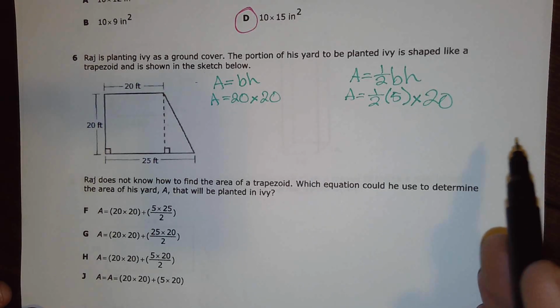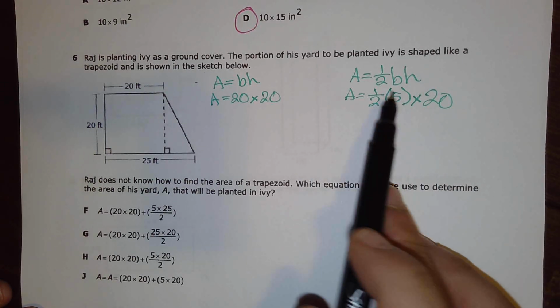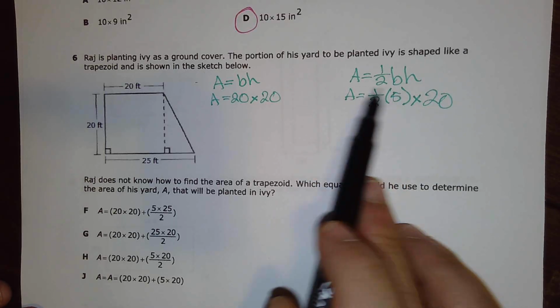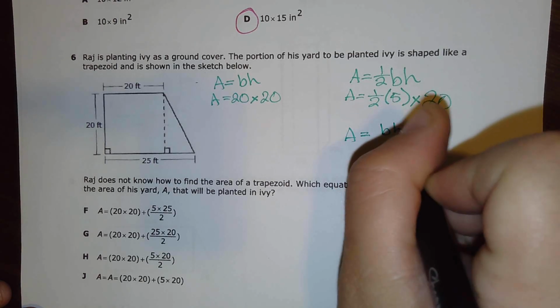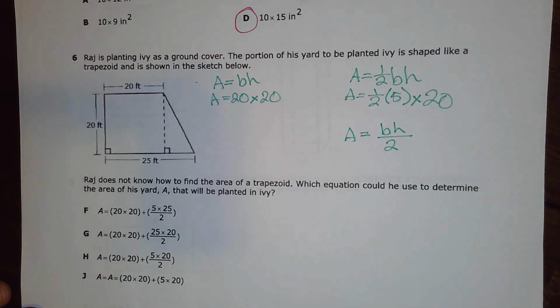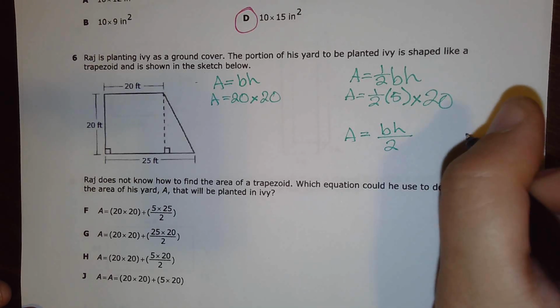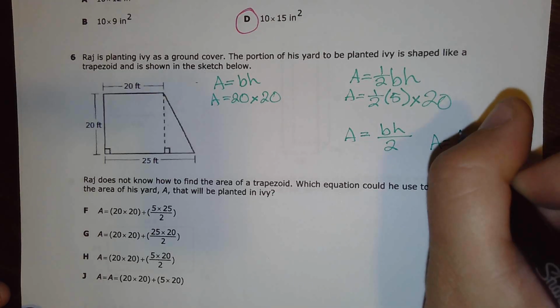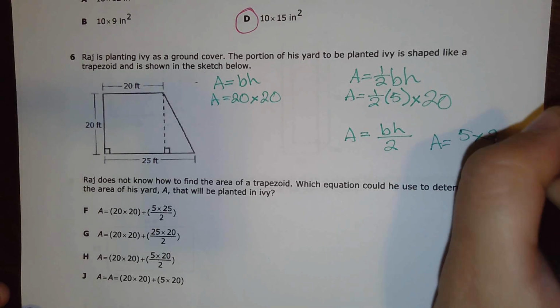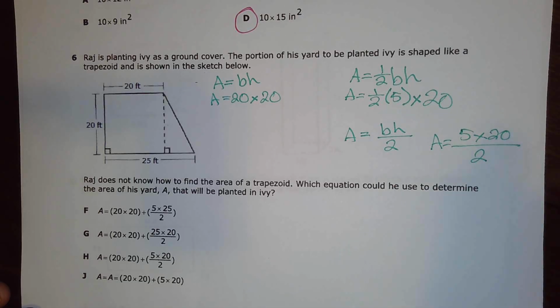And that's fair. Another way you can see this formula is area is equal to base times height divided by 2. So now if we plug in our values, area is equal to base, which is 5, times height, which is 20, divided by that 2.